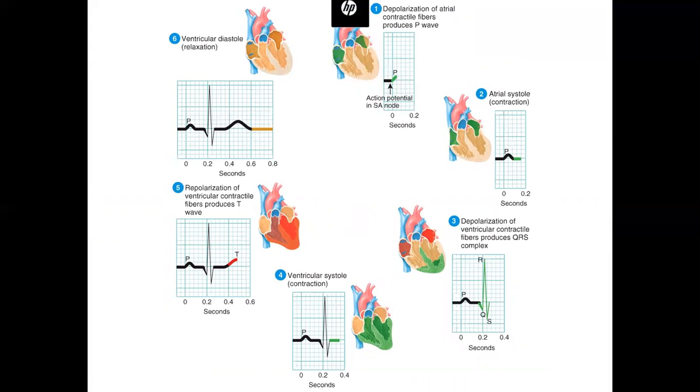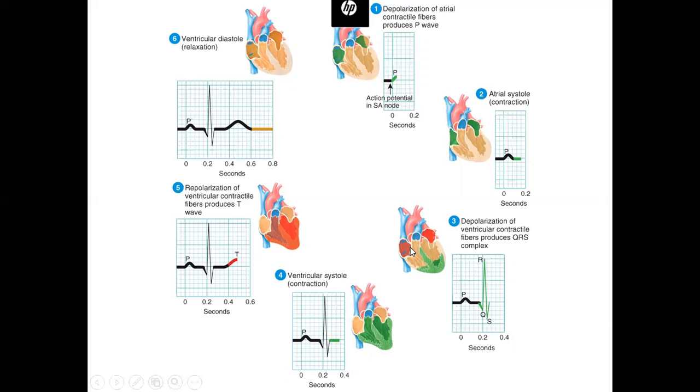So we show here at the top, in our first picture, the P wave beginning because the SA node has fired, and we are creating that action potential not only throughout the right atrium, but it's crossing over into the left atrium. Following that, you can see the atria squeezing down, causing contraction, what we call atrial systole, pushing the blood down and into the ventricles.